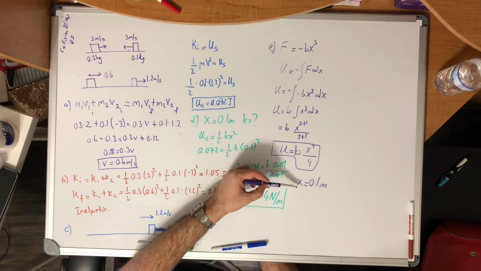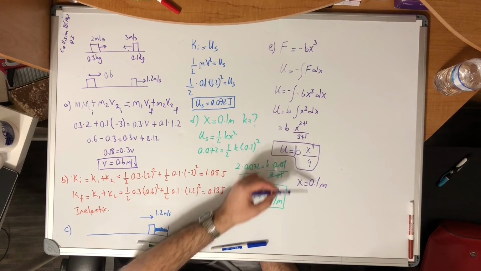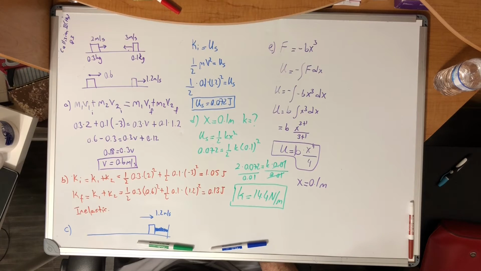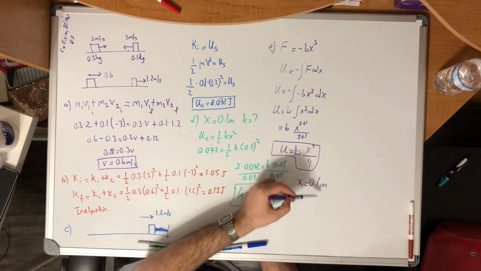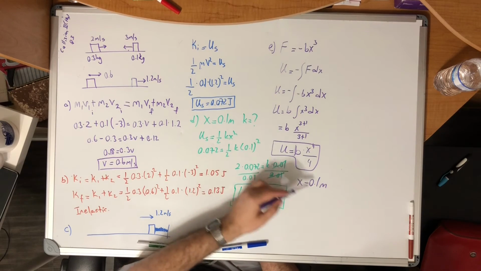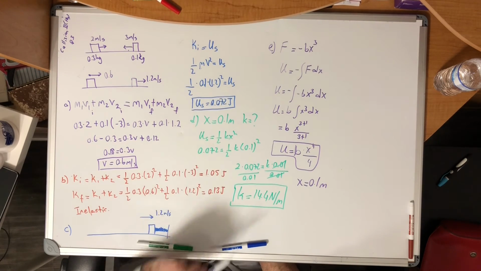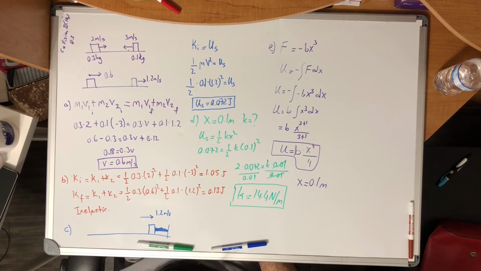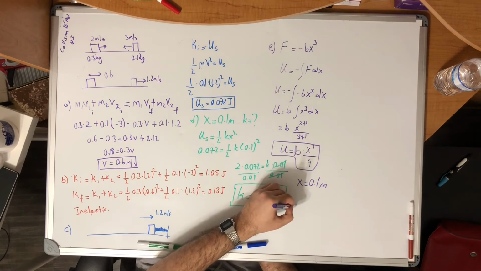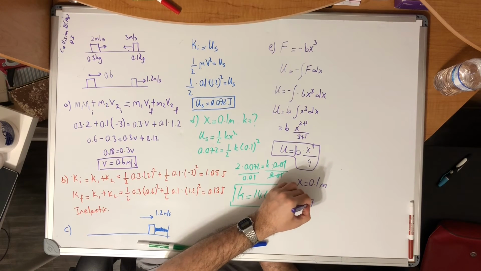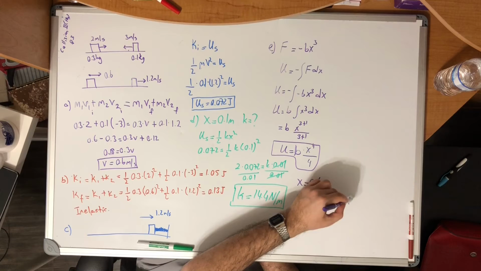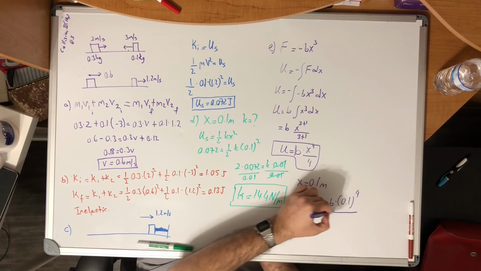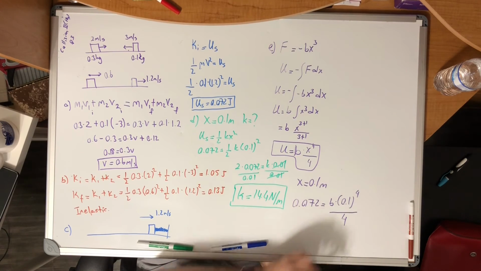We should substitute this x with 0.1, and then we know my potential at 0.1 meter is 0.072. Then I will just solve the equation for b. Then 0.072 equals b times 0.1 to the 4th divided by 4.